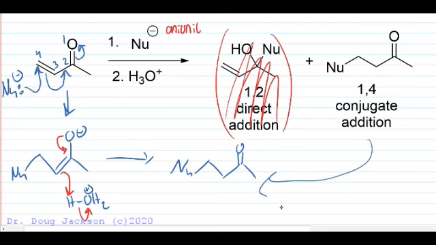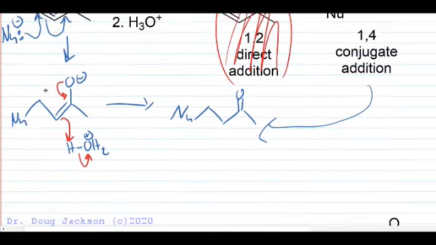So our mechanism for anionic nucleophiles is going to follow this particular procedure. We may need an acidic step there to work up the reaction.